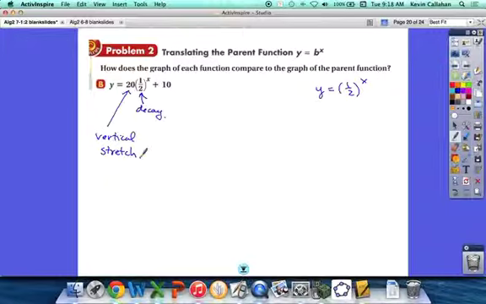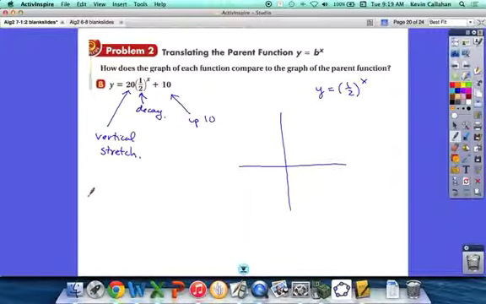Okay, now what does it do to the graph when you add a number after the function? Up, down, left, or right? Up, right? So that would take the whole graph and move it up 10. If I was going to sketch this graph, first of all, if I didn't have the up 10, I would say that thing had a y-intercept of 20, right?